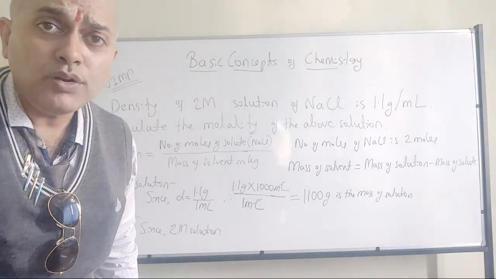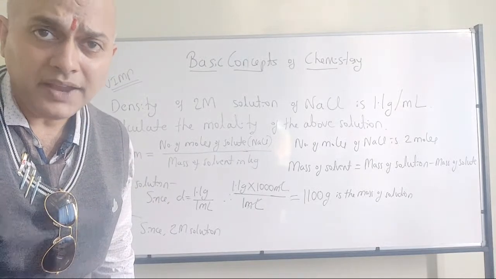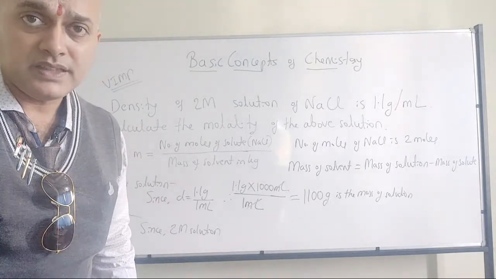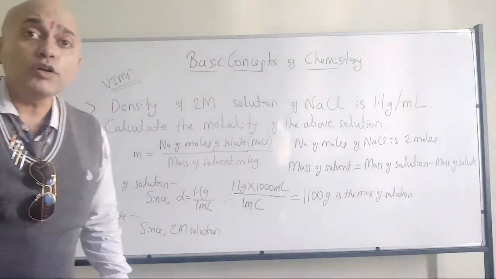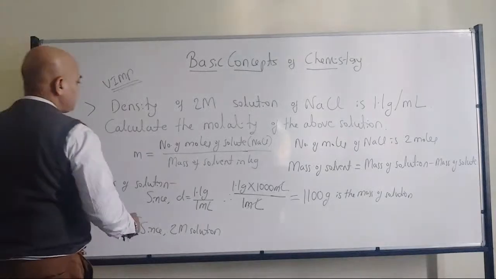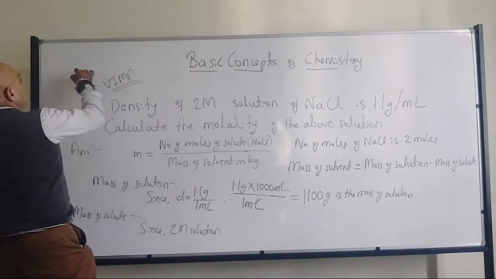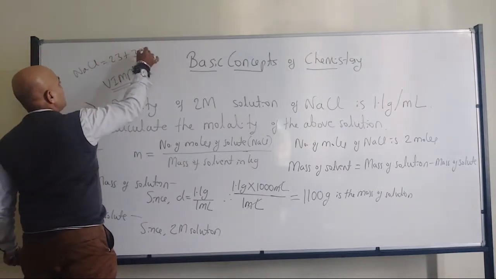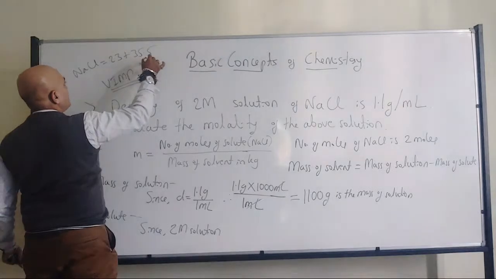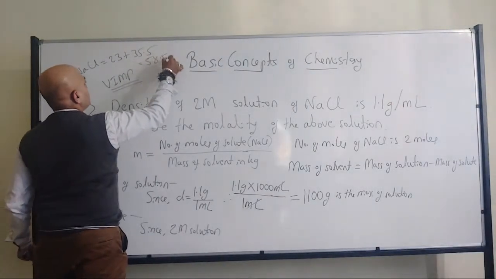So 1 mole of NaCl is going to weigh its molar mass. That is, molar mass of NaCl is 23 plus 35.5, that is nothing but 58.5 grams.